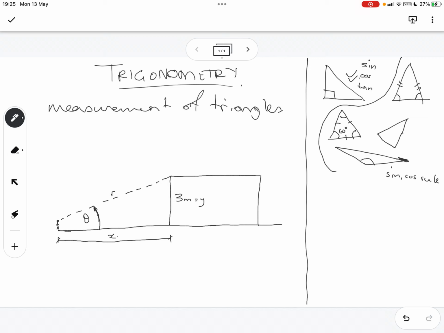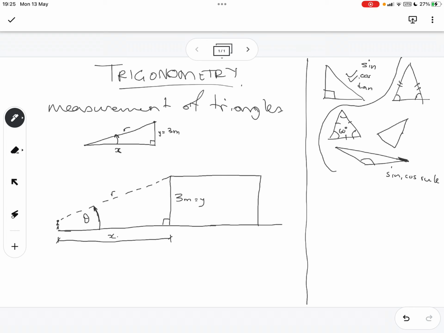So how you would do that is you would construct a right angled triangle. You know the vertical distance y, which is 3 meters. You don't know x, which is the distance between you and the tank. You also don't know the distance between your eyes and the top part of the tank, but you know the angle of inclination.